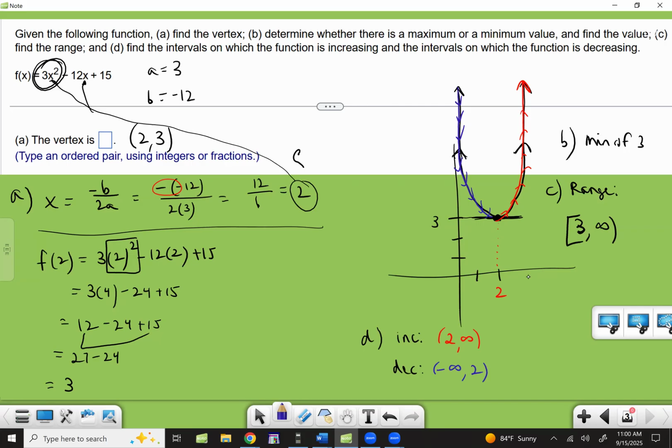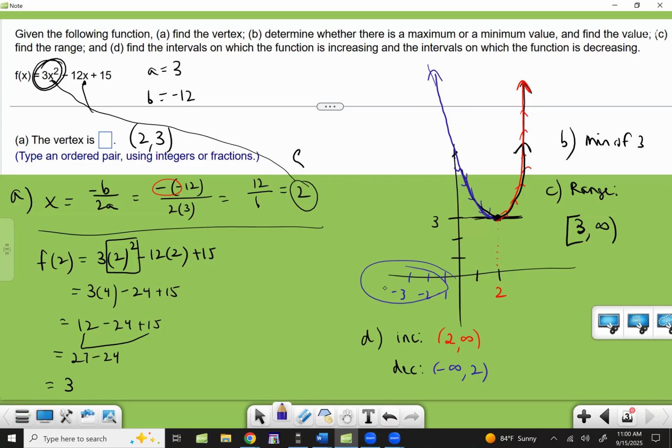Okay. Negative infinity because, not because I'm looking at the y values, but because I'm looking at the x-axis, right? -1, -2, -3. I didn't draw it very well, but this parabola is widening, right? It's just getting wider and wider. So it's going to be decreasing for all of these x values that are heading off to negative infinity.